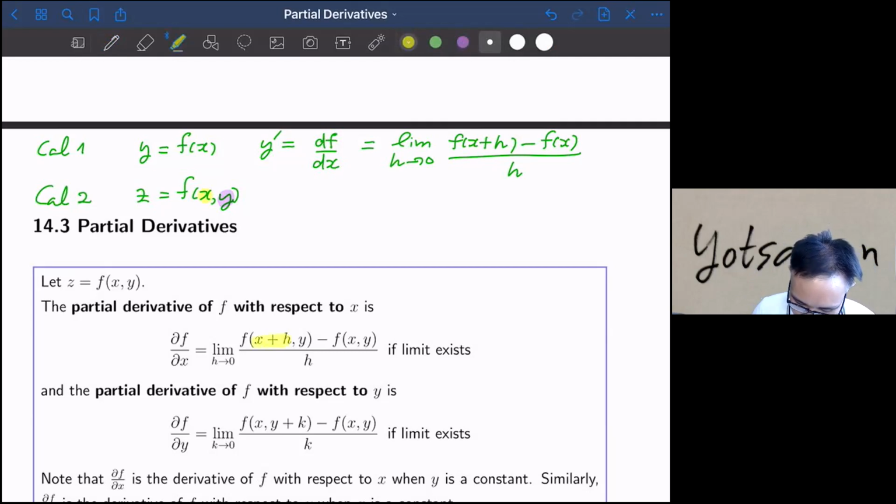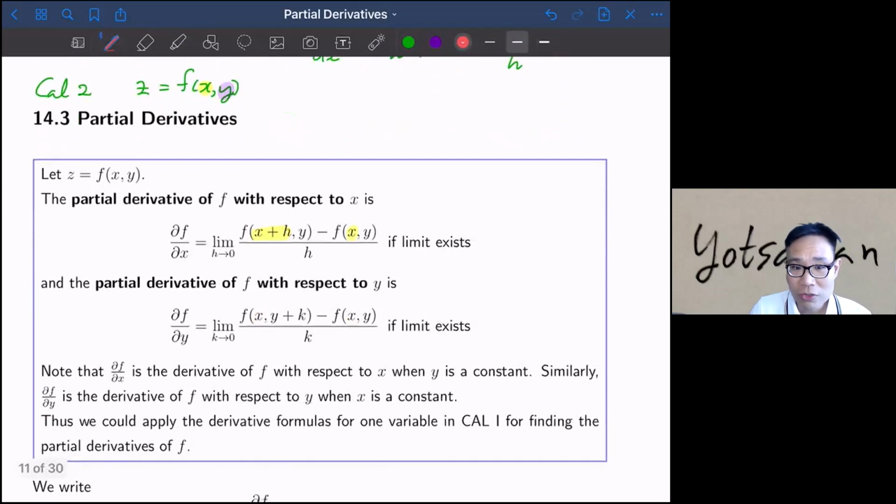You see that you have f(x plus h) minus f(x), kind of the same thing. However, in this case, it's a function of two variables, and you can measure only the change in the variable x for the partial derivative with respect to x. We will not be able to measure the change in x and the change in y at the same time, so it's kind of difficult to do that.